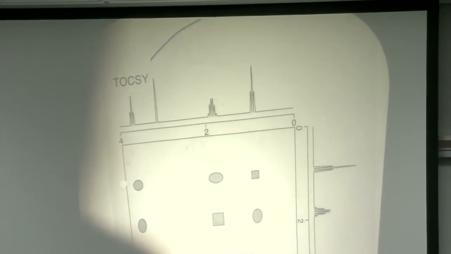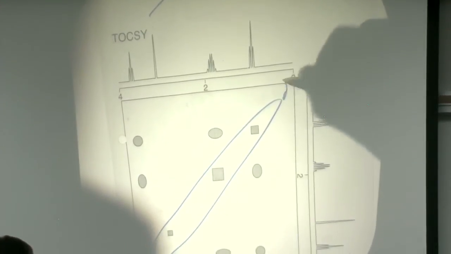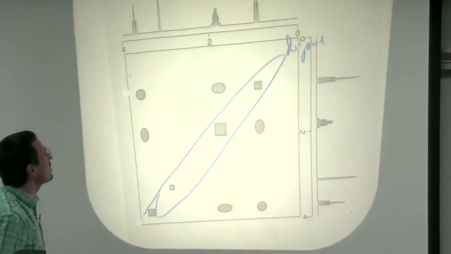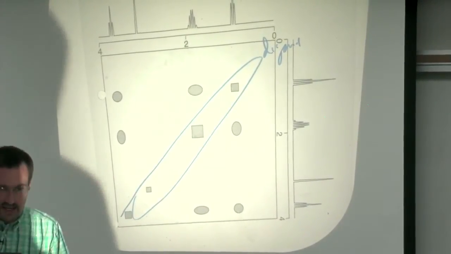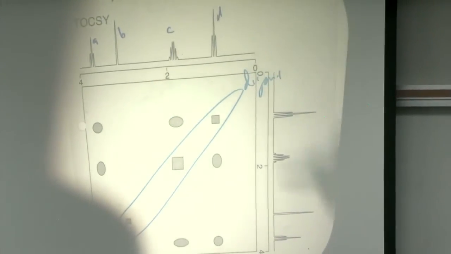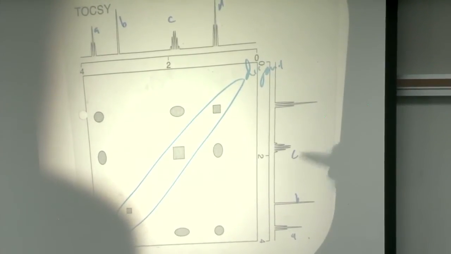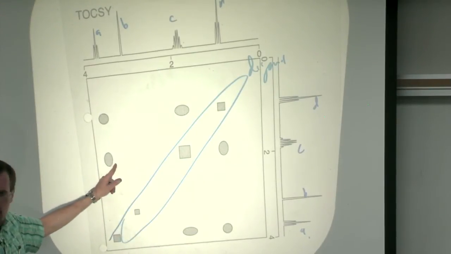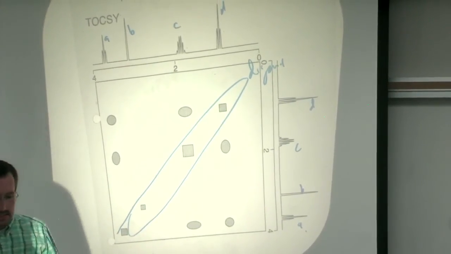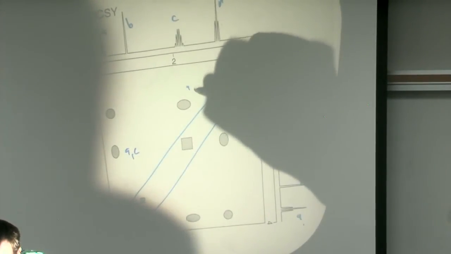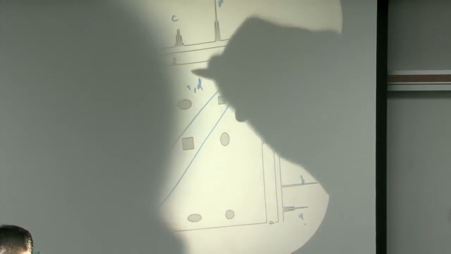In other words, you have your diagonal. Everything is the same as the COSY. If I again go and slavishly label our peaks, A, B, C, D, A, B, C, D, you have all the peaks that you would have seen in the COSY. You have your AC peak. You have your AD peak, your CD peak rather.